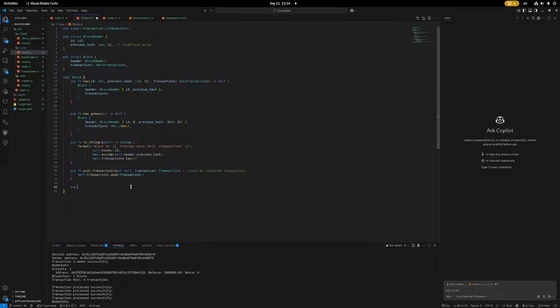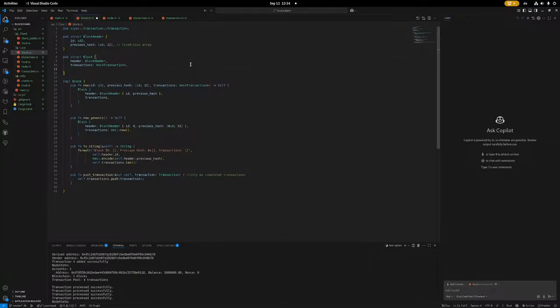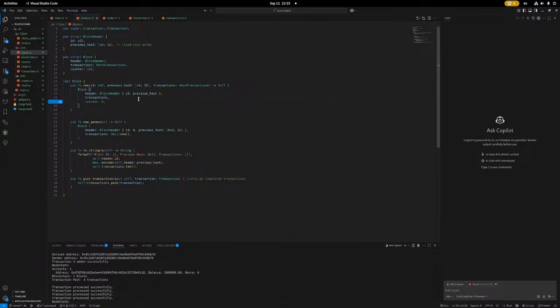We'll go with a counter for now. Screw it, we'll go with a counter for now. Transactions and counter. Zero, new Genesis.